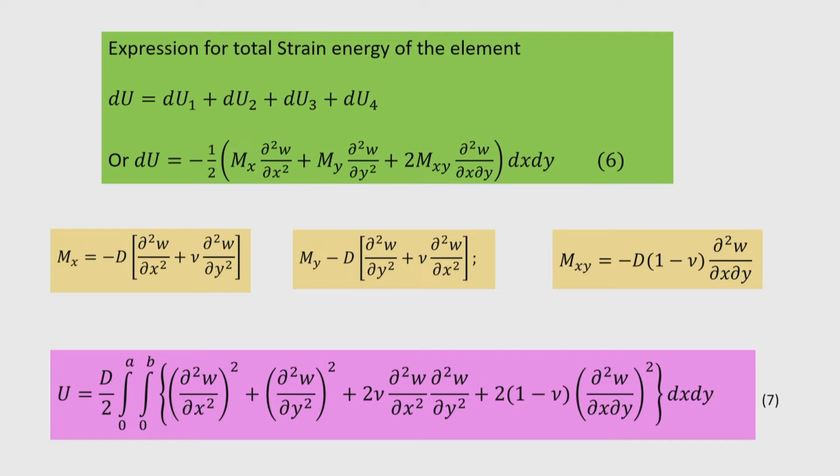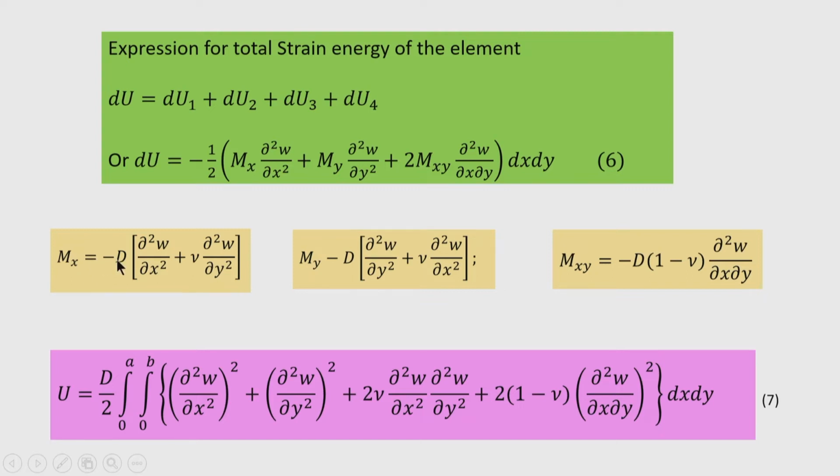Knowing that the moments Mx, My, Mxy can be related to the deflection, that is, the curvature in the x direction as well as the y direction, and Mxy can be related to the twisting curvature, we have these expressions already derived in my earlier classes.